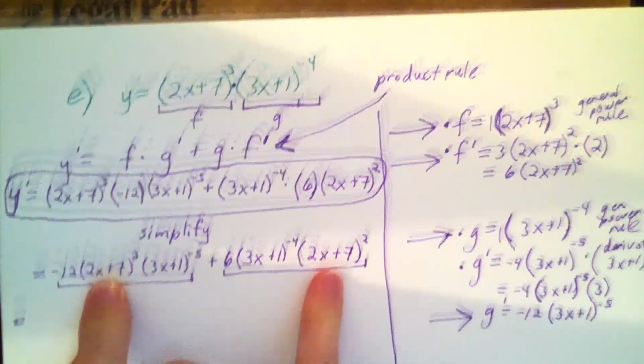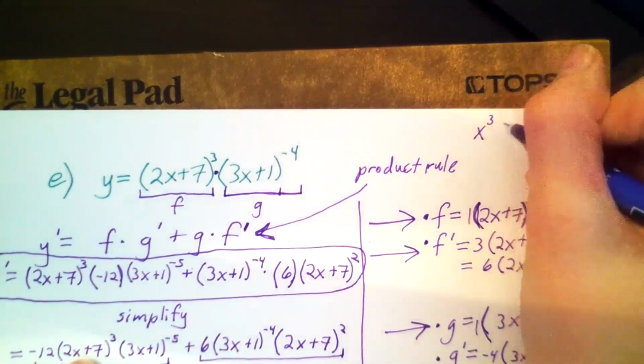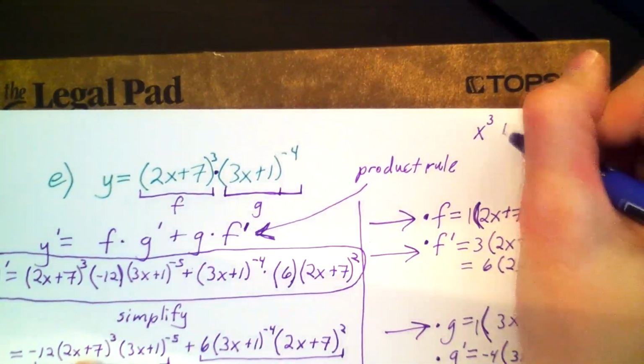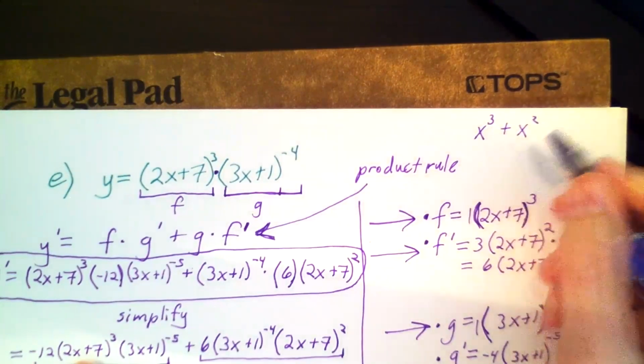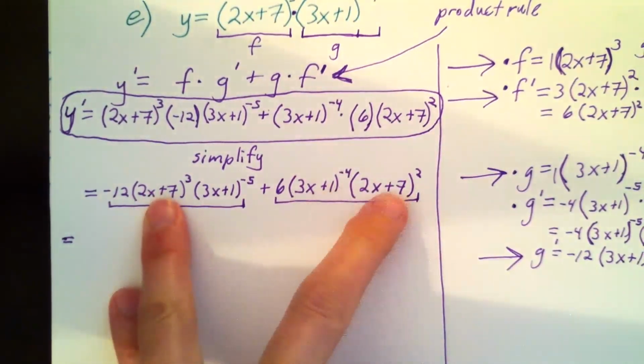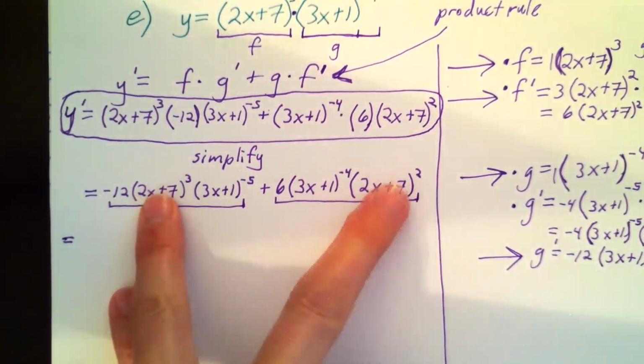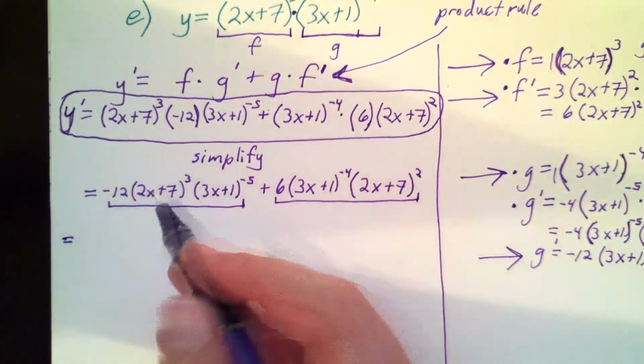This would be similar to me asking, what is the greatest common factor between x cubed plus x squared? It would be x squared. It's just instead of having x's, I have 2x plus 7's. X cubed and x squared. 2x plus 7 cubed, 2x plus 7 squared. I can pull out a 2x plus 7 squared.